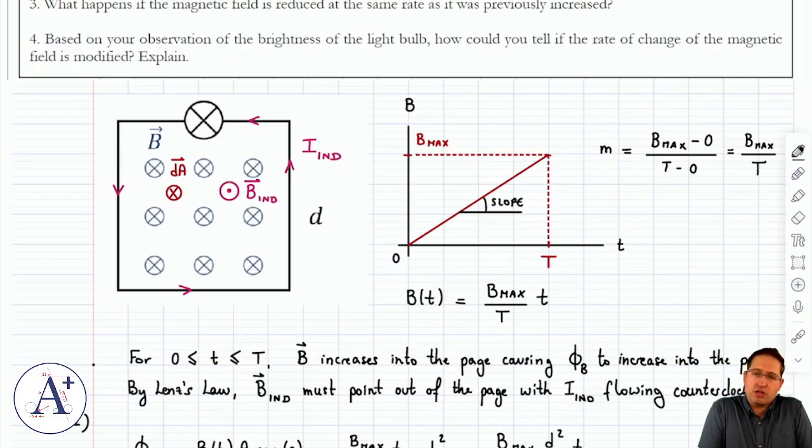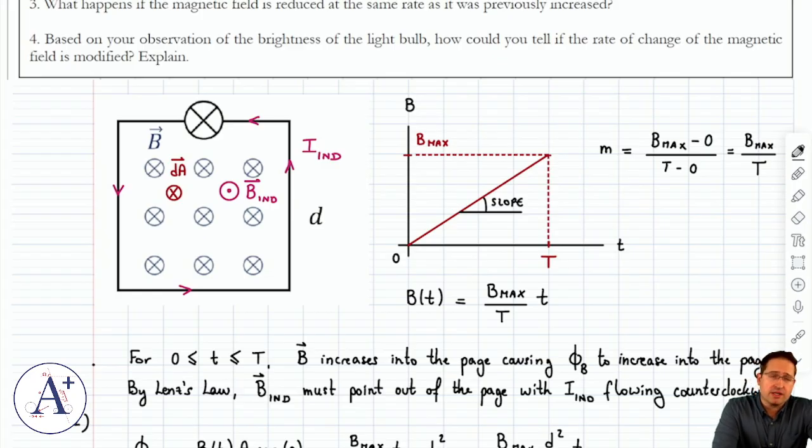We were given enough information to graph it and then to find the function. Or sometimes the function might be given directly to you. But in any case, it is a problem where induction occurs because the magnetic field changes with time. And you find B of t, or maybe you're directly given B of t, and then you're off to the races. You can do Faraday's law and Ohm's law and whatever.